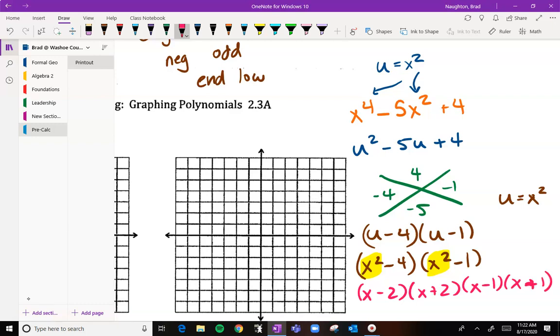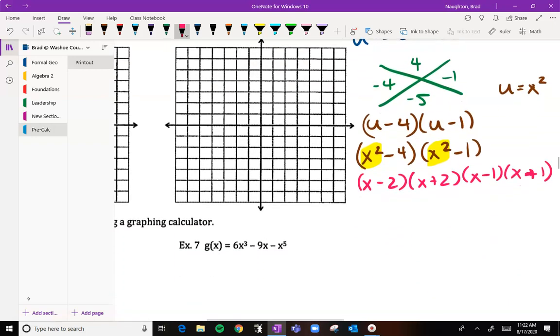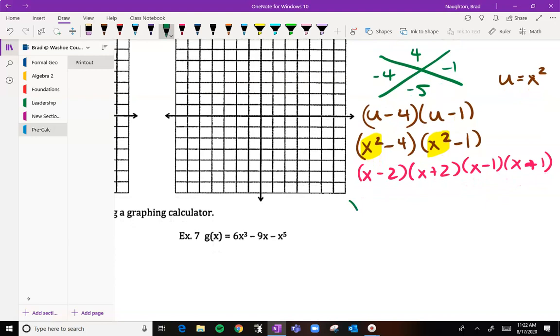So, solving those, I'm going to get x equals 2, x equals negative 2, x equals 1, and x equals negative 1. So, these are all pass through. All of them are pass through. Cool? So, if I put in my dots, boom, negative 2, negative 1, 1, 2.